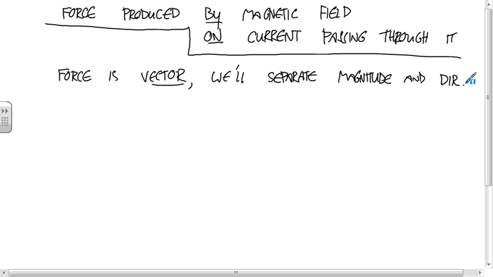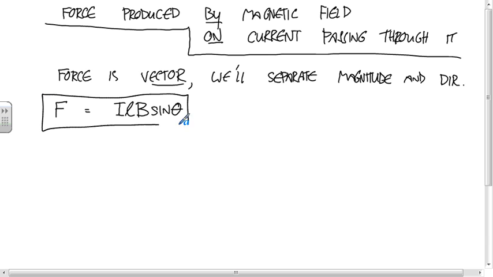The magnitude is calculated this way. Force is equal to the current times the length L times the strength of the magnetic field times the sine of an angle theta. I'll tell you what all these mean in detail.